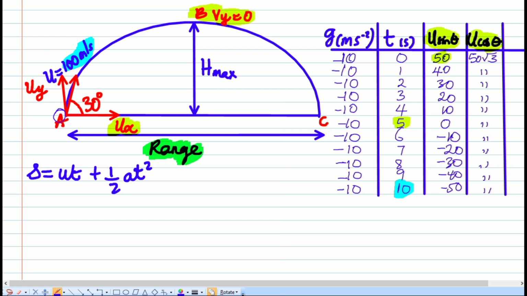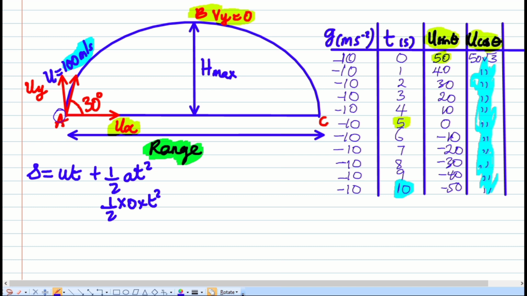And you can also remember from our table we formed on the first page, see that in the column of u cos theta, which is the horizontal component of the speed, see that it is constant. So these two dashes, meaning it is still the 50 root 3 meter per second, so it's constant. So please, what does this mean? This simply means the acceleration is zero. So from this part, if you put acceleration as zero, you have half times zero times everything, which is just going to be zero.